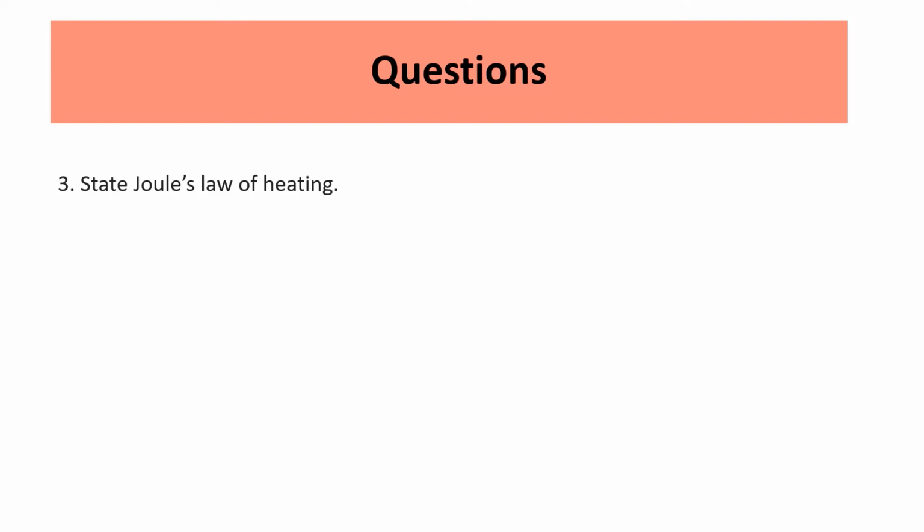Question number 3. State Joule's law of heating. We know when an electric current is passed through a conductor, heat is produced after some time, and this is known as heating effect of electric current. Joule's law of heating is a mathematical description, H is equal to I squared RT.